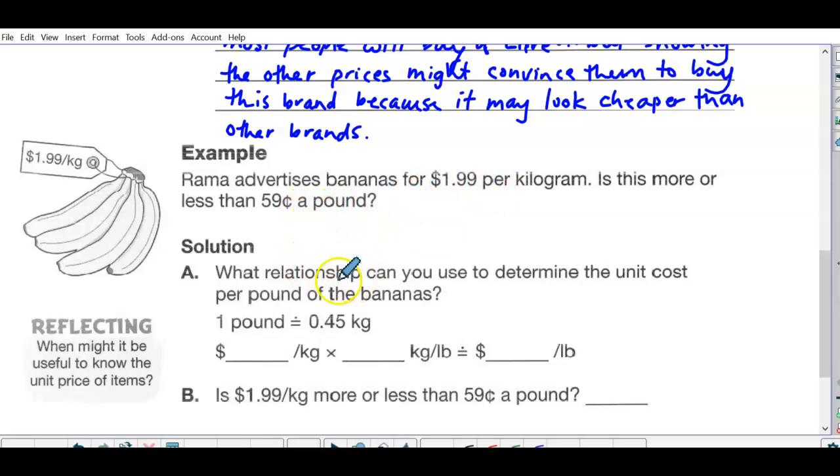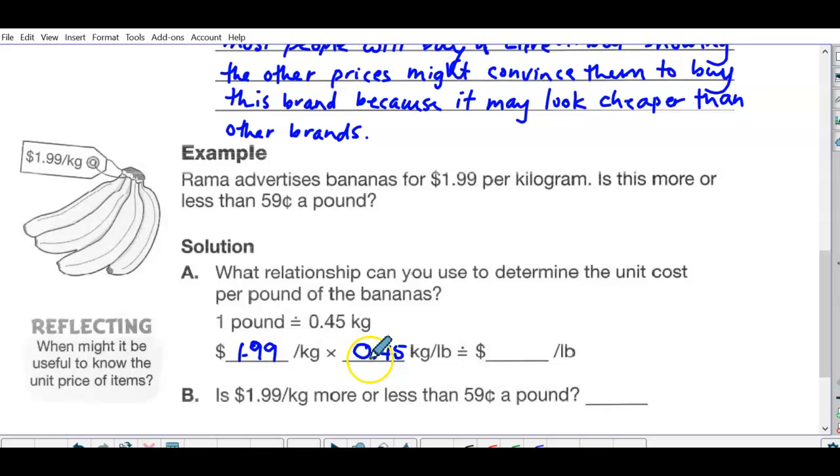So we want to look at the bananas, $1.99 per kilogram, and convert that. Here, 1 pound is 0.45 kilograms. So we get 0.45 kilograms for every pound.